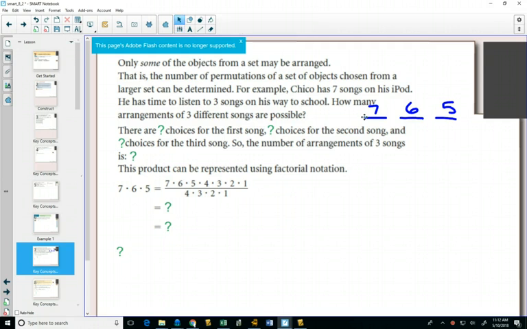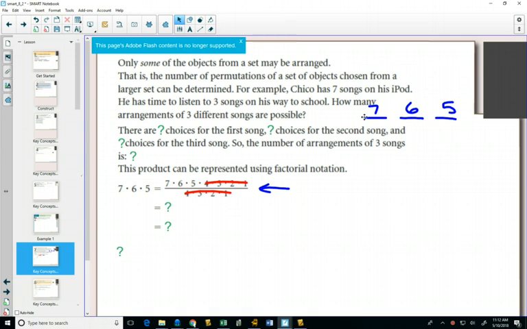Now, if we took that answer of 7 times 6 times 5 and we rewrote it like this, can you see that those are identical? That the 4 times 3 times 2 times 1 and the 4 times 3 times 2 times 1 would all cancel out, and they're the same. Why would you want to do that then, to write extra numbers?